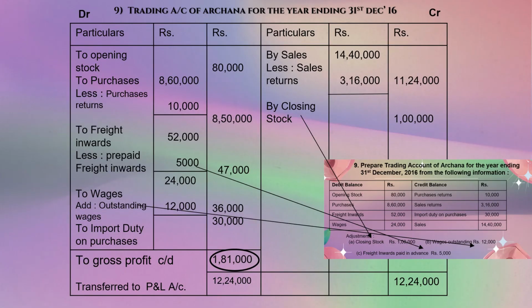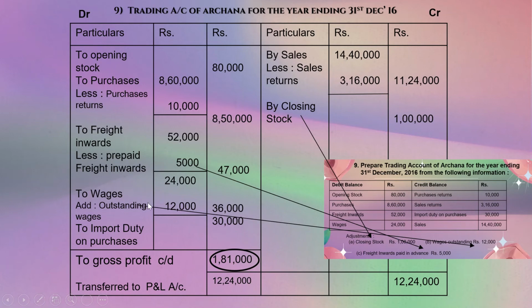I have shown here. See, trading account of Archana for the year ending, debit credit you write, particulars and all the things you write. To opening stock 80,000, to purchases returns you are writing, and freight inwards you have to write in the inner column. And prepaid, see prepaid they have given 5,000, that you should subtract.